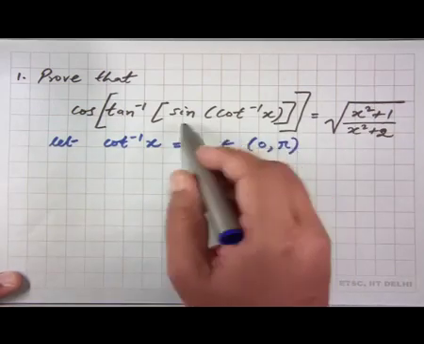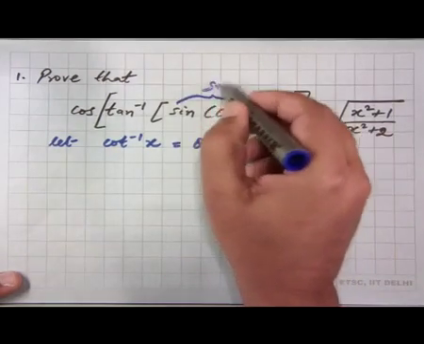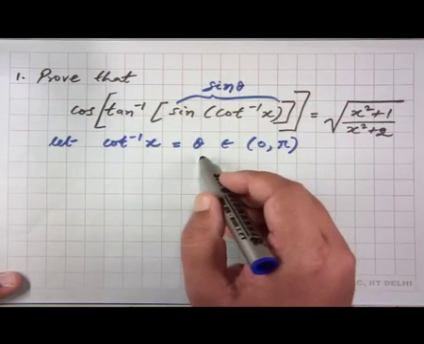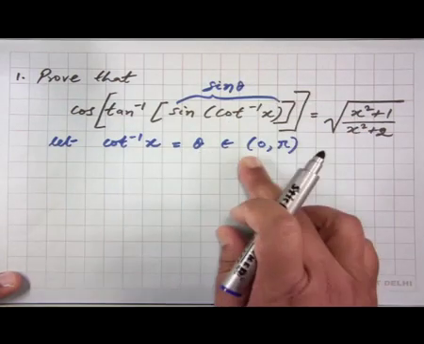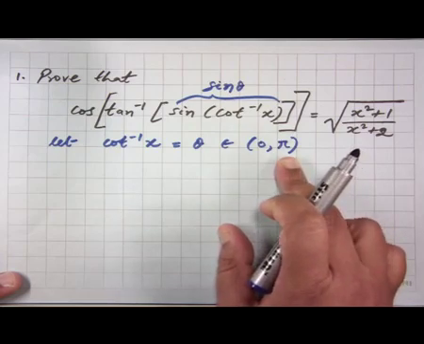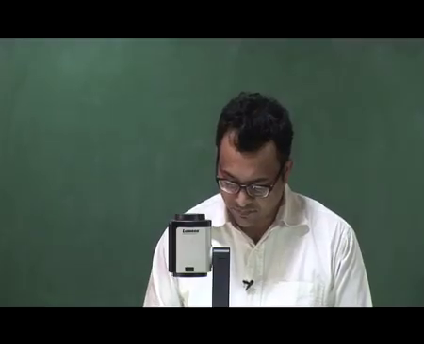So, this then becomes sine of theta, and we know that when theta belongs to 0 to pi, from the graph of the sine function it is clear that sine theta is non-negative.